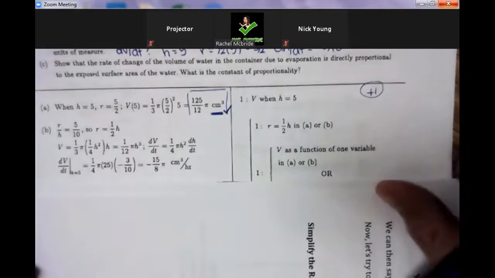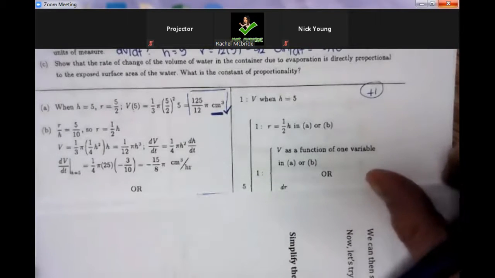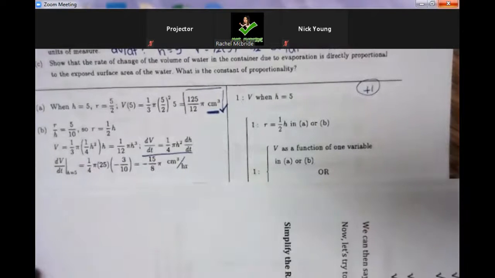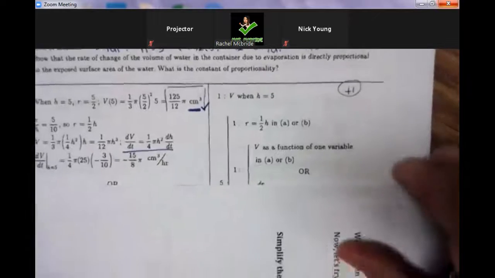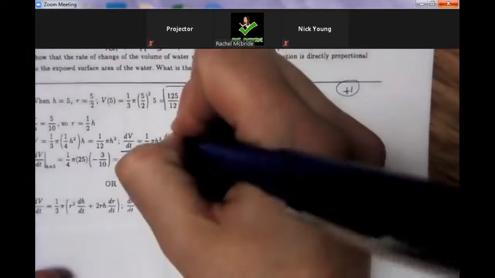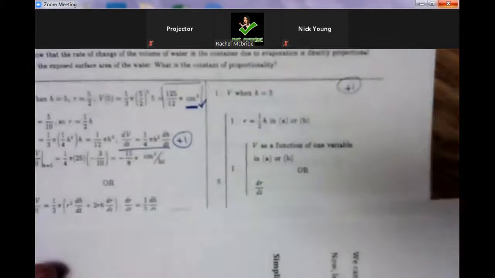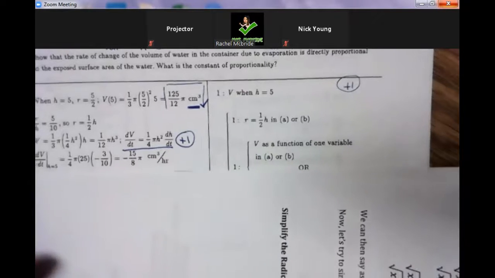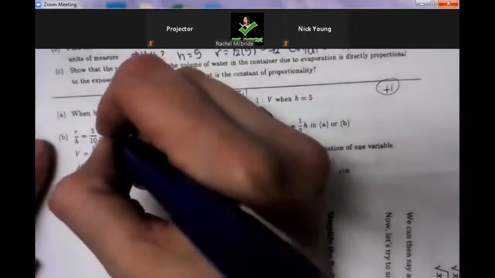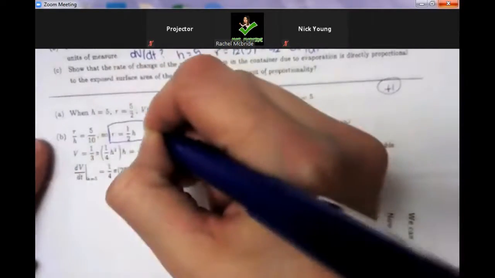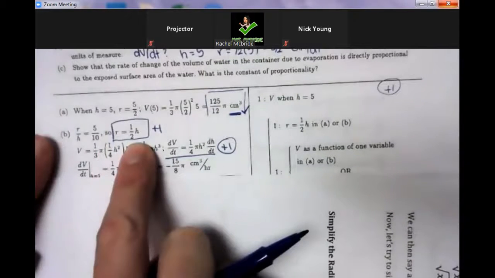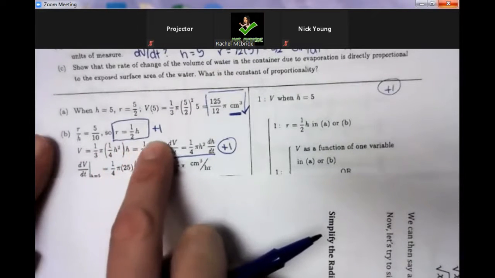If you had volume as a function of just h, so no more r, then you earned yourself another point. If anywhere in part A or part B on your paper you have r equals 1/2 h, you got a point.